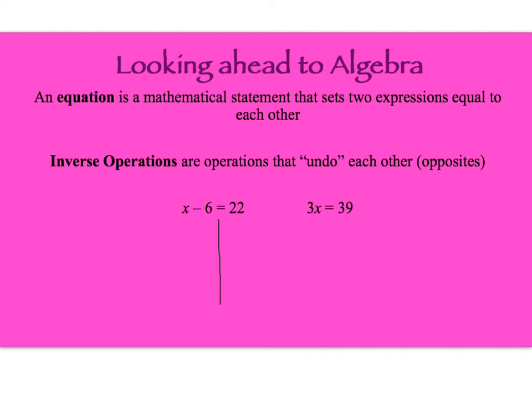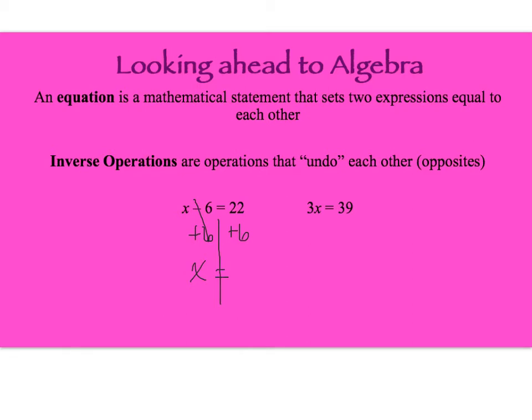I have a minus 6 that's with my x, so I'm going to do the opposite and add 6. If it's an equation, if I add 6 on the left side, I have to add 6 on the right side. Negative 6 plus 6 is 0. So these cancel out, and I'm just left with x, which is what I wanted.